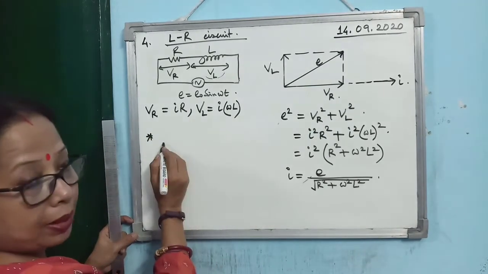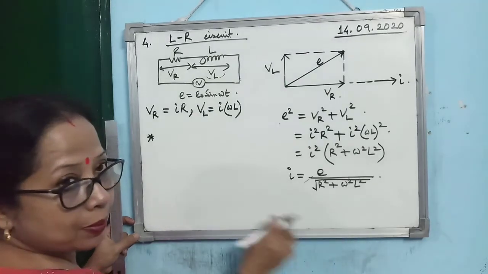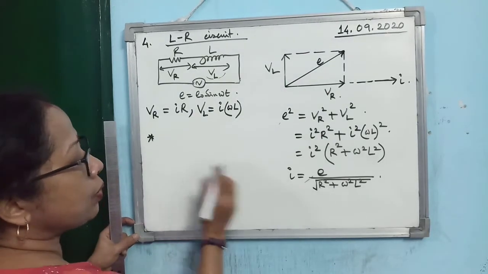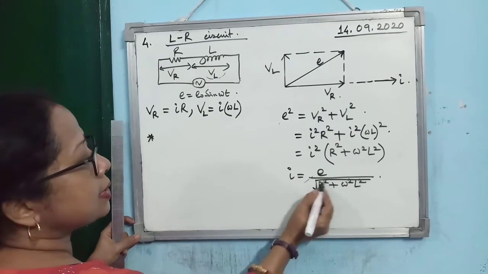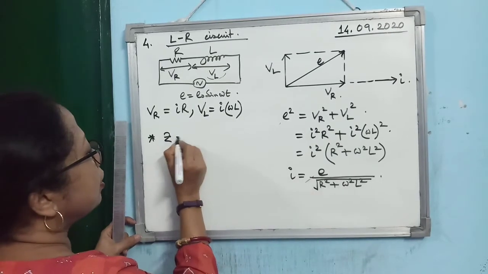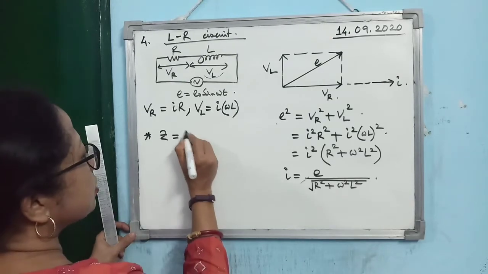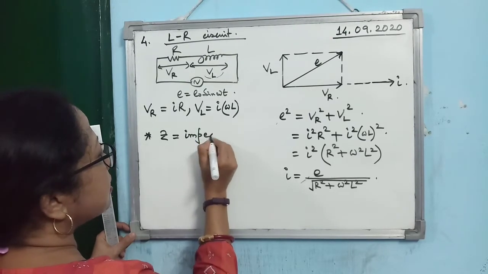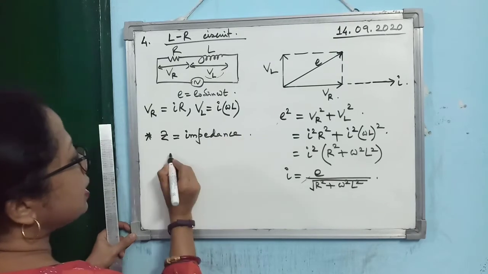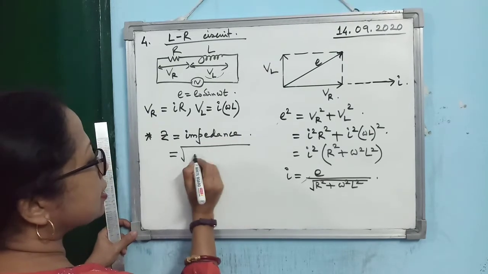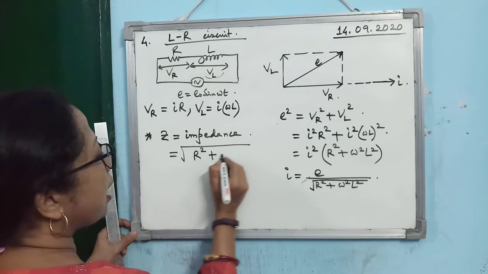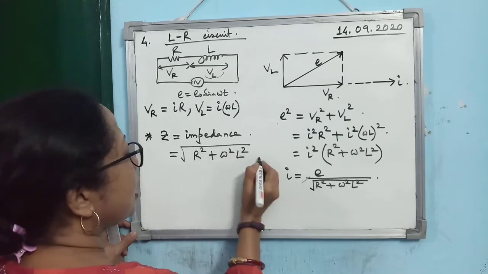After this, as there is less space here, I am writing it here. This is denoted by Z and is known as impedance. So what is the impedance of the RL circuit? It is under root R square plus omega square L square.